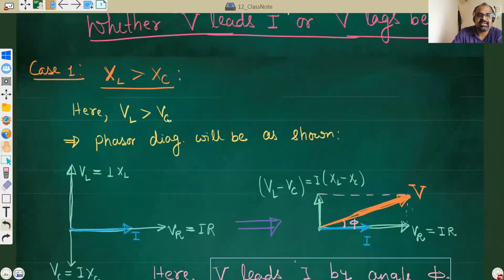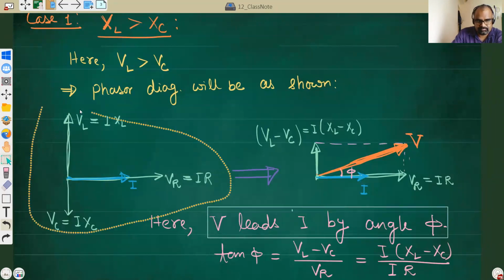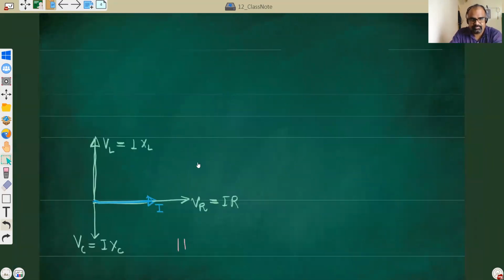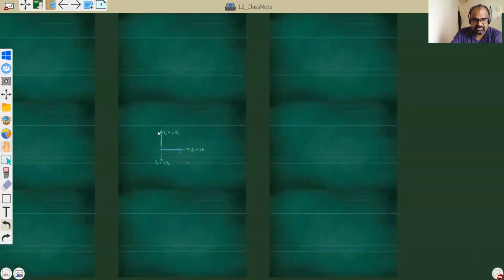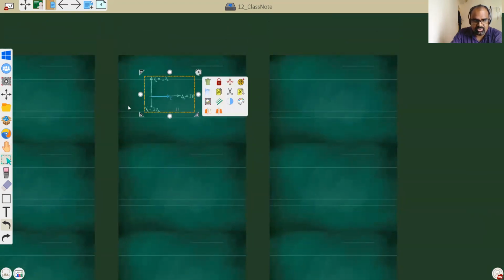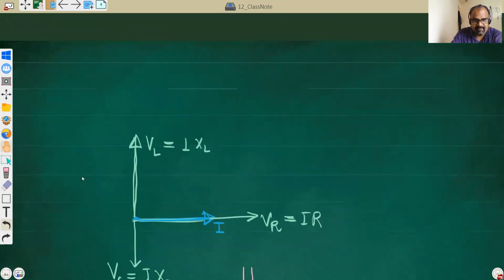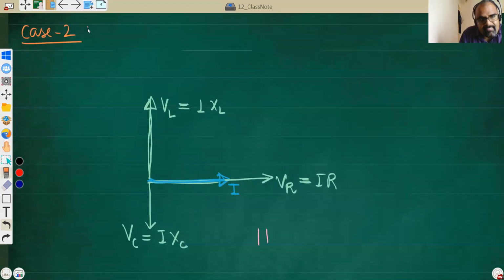Now this was case 1. Now let me go to case 2. Case 2: XC greater than XL.